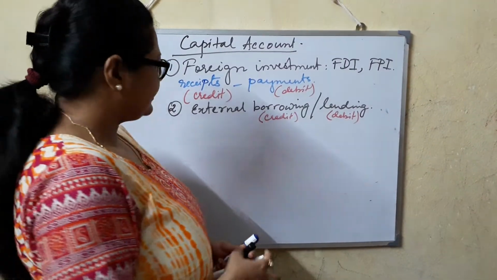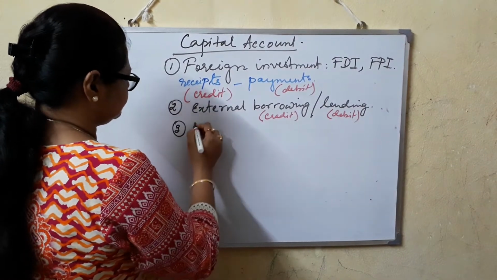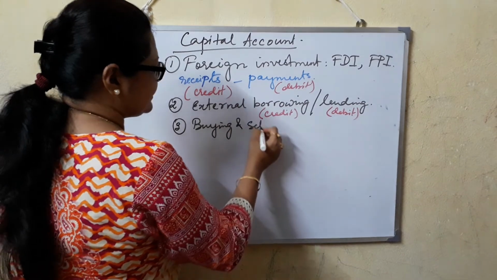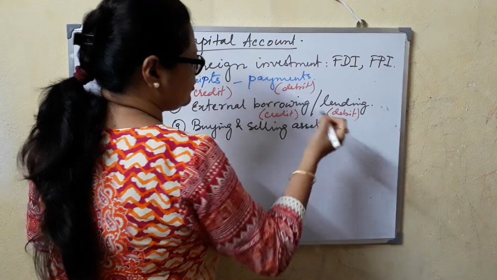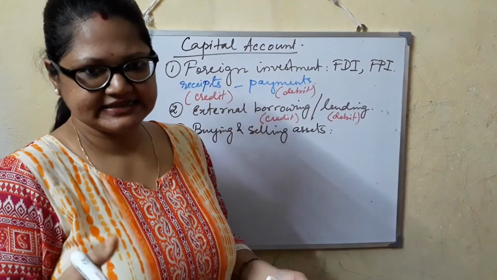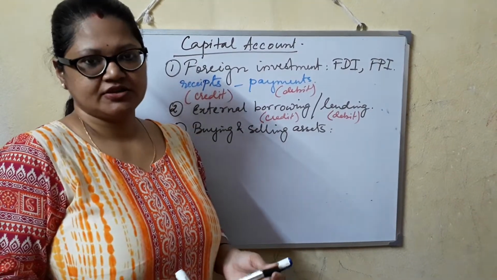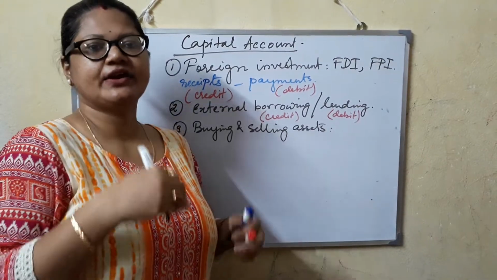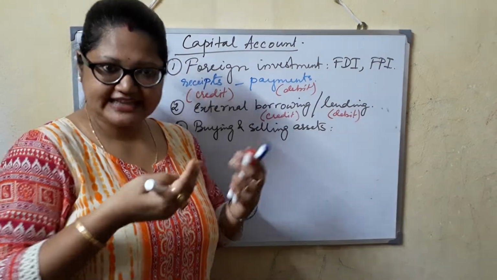The next component is buying and selling of assets. What are assets? It can be any firm, firm means plant. It can be any land. It can be shares. It can be houses. So if a foreigner comes and invests in buying assets in our country, the foreigner is giving us foreign exchange, so we are getting it.